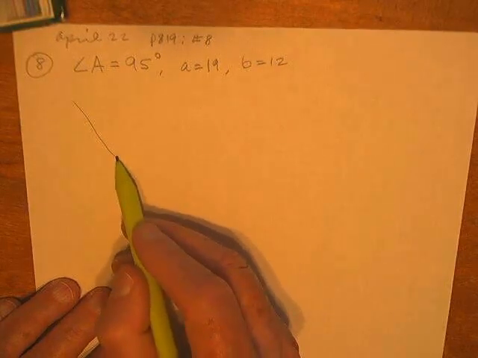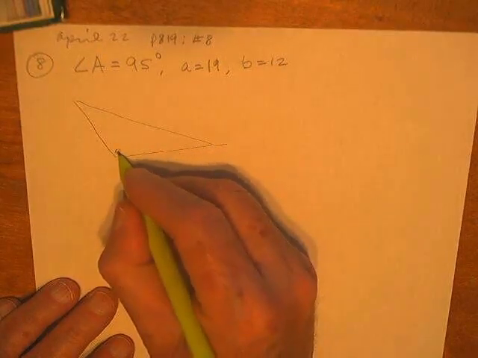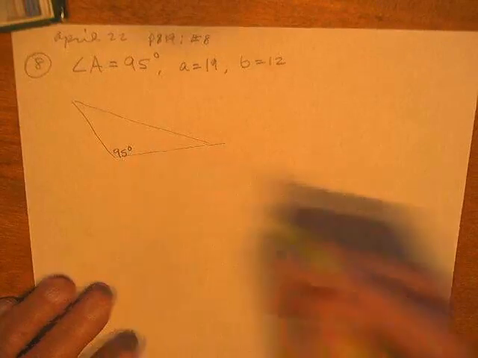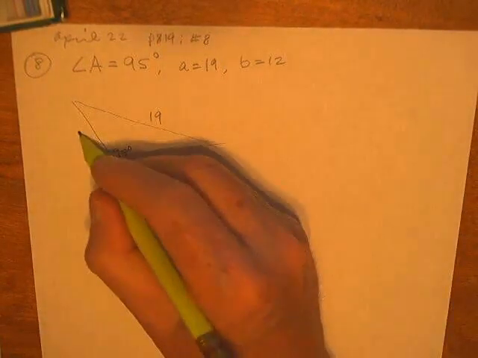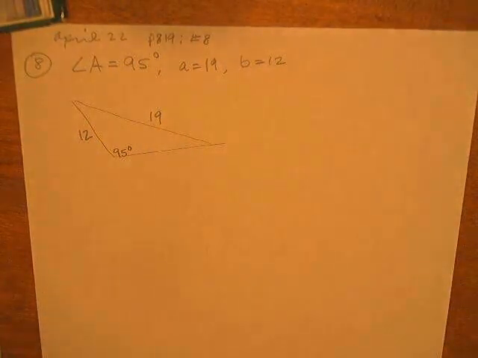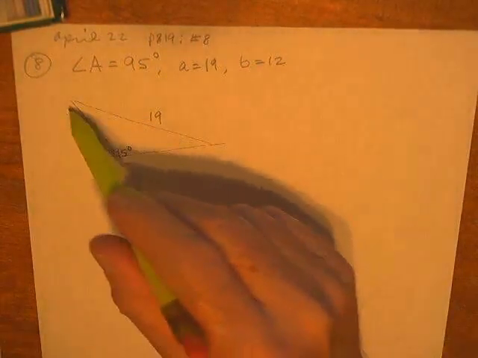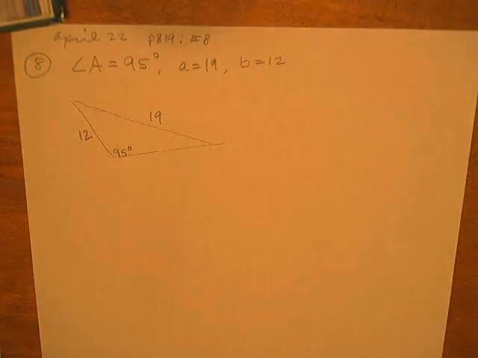So maybe we draw it like this, and I put 95 right there, and I put 19 here, and I always want to put the other side there. Well, this is so long, if I swung this around, I think I'm only going to get one on this. We'll talk about how to find the second one in a second.